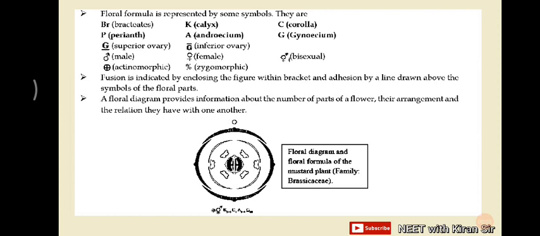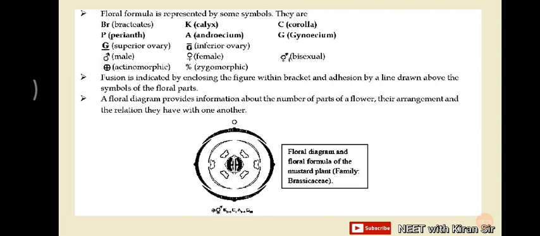If I write a line on G, that is a bar above G, that indicates inferior ovary. If I write a bar below the G, that indicates superior ovary. That means floral characters can be represented in the form of symbols, and that is called the floral formula.